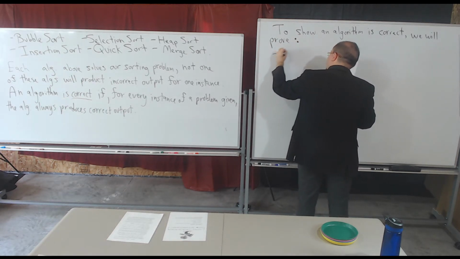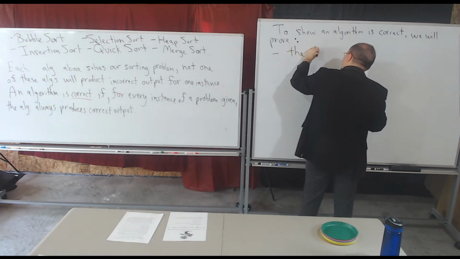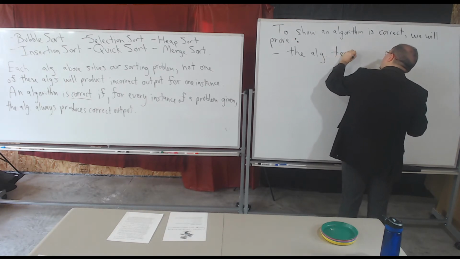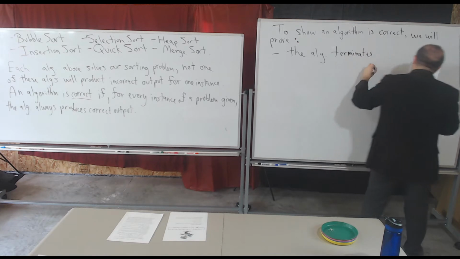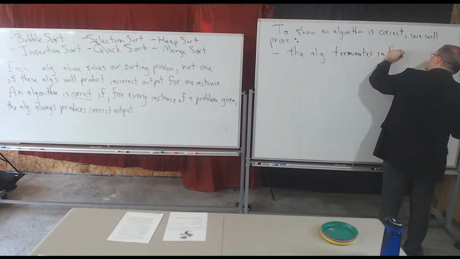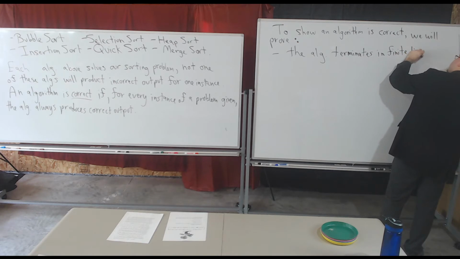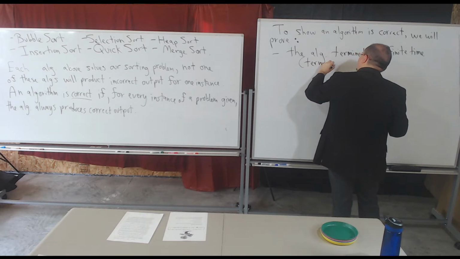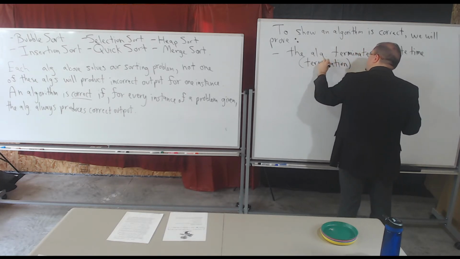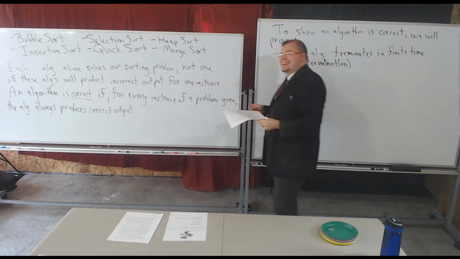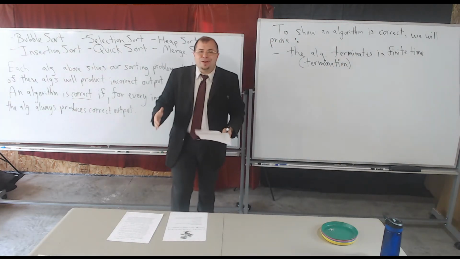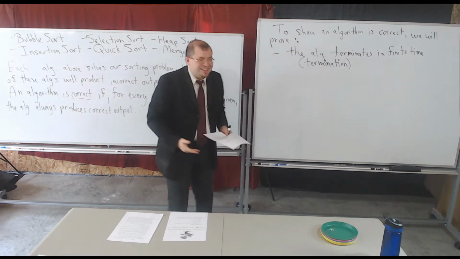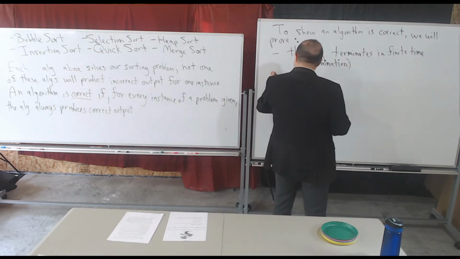That the algorithm terminates in finite time. So this is a termination condition. We're going to prove that the algorithm actually terminates. In very realistic terms, imagine if I were to implement an algorithm on a computer. What you'd want is this condition, so you make sure that the program actually stops. We need to have this in place.